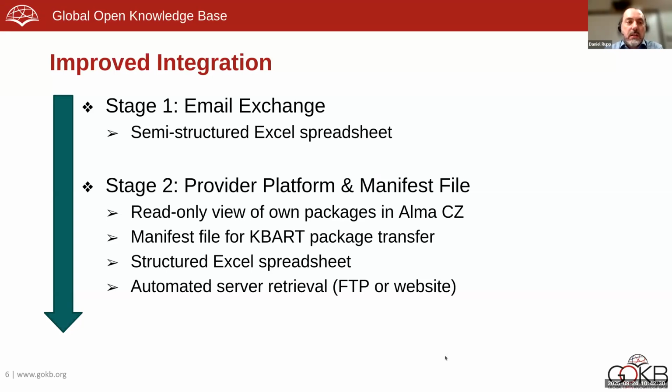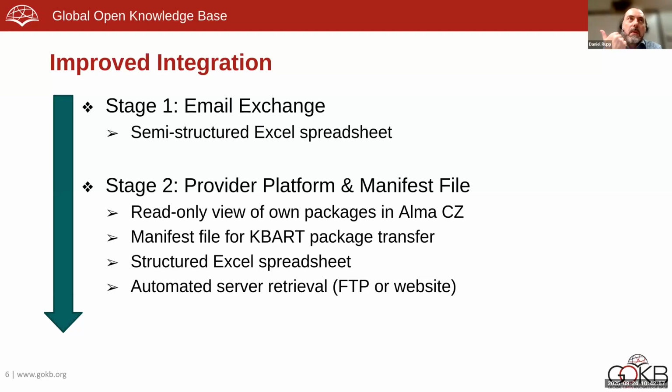This is a structured spreadsheet from Ex Libris that is used in Alma to get the data in, on one of our servers, so it can be automatically harvested by Alma.